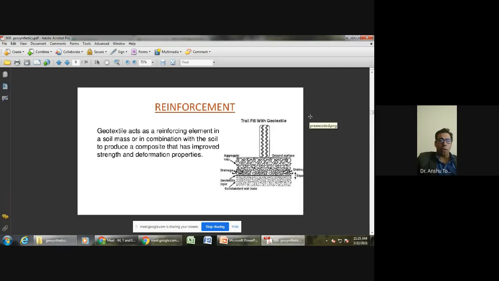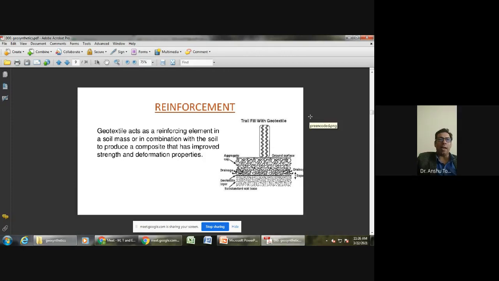So it is used with lime and soil mass along with geosynthetics to strengthen the subgrade of the soil for different purposes, to stabilize the soil conditions, or even, as I have already told, in different layers of the highway pavement. In different layers, if you put geotextile in 2 layers or 3 layers or 4 layers, so that particular pavement is strengthened.